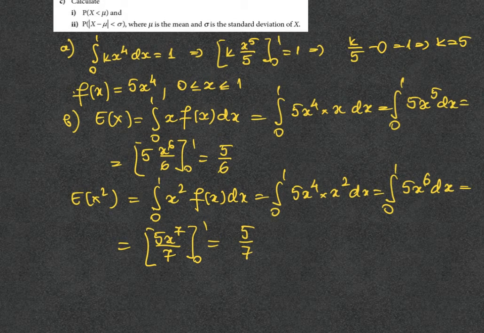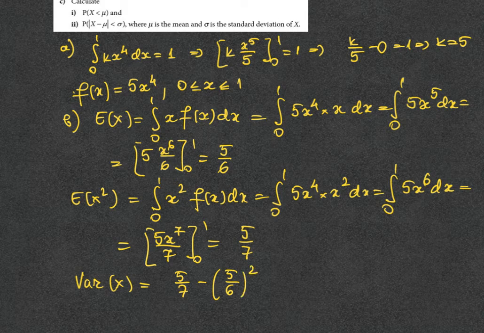Therefore, the variance of X is going to be E(X^2) minus (E(X))^2, which is going to give me 5/252, or 0.0198 to 3 significant figures.